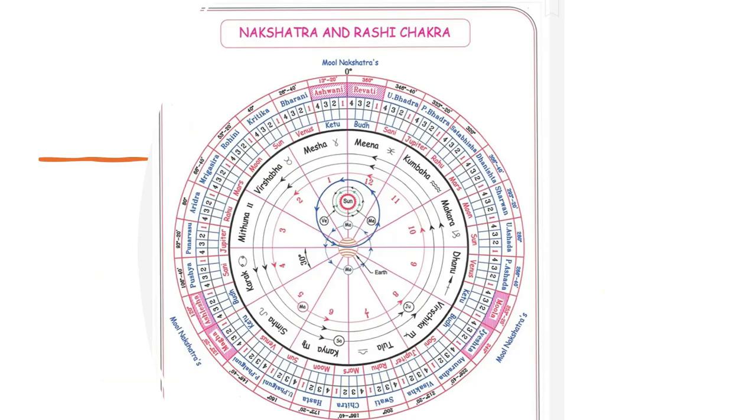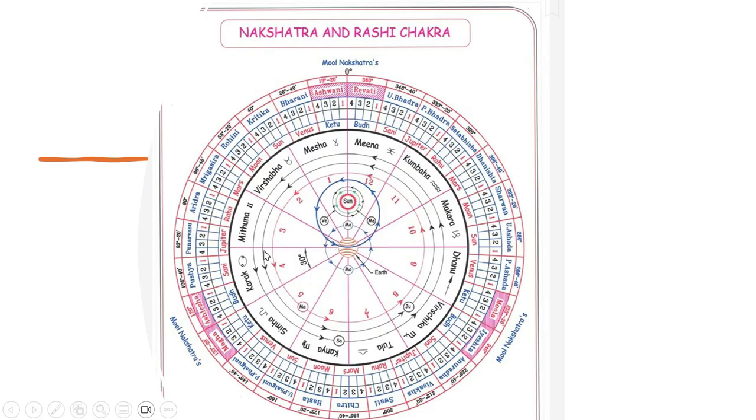Now let me show you this diagram. This diagram is very important. In the previous class I had shared the app which I made to make you understand what is nakshatra, the zodiac and nakshatra and all that. Now this is another diagram which is very important. I have downloaded it just from a Google search, but this is a very important diagram.